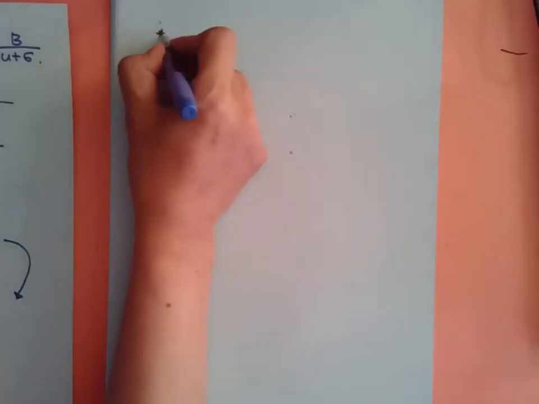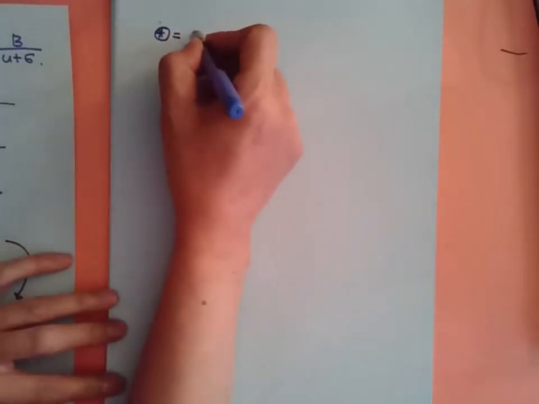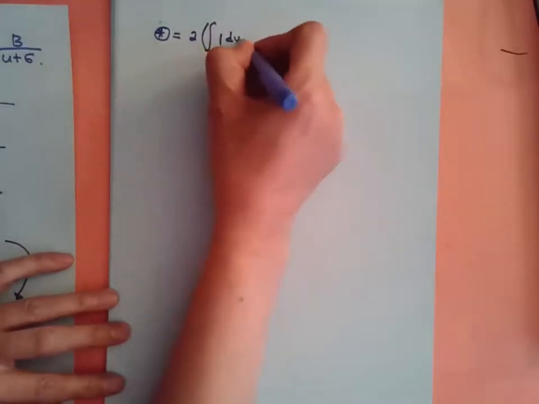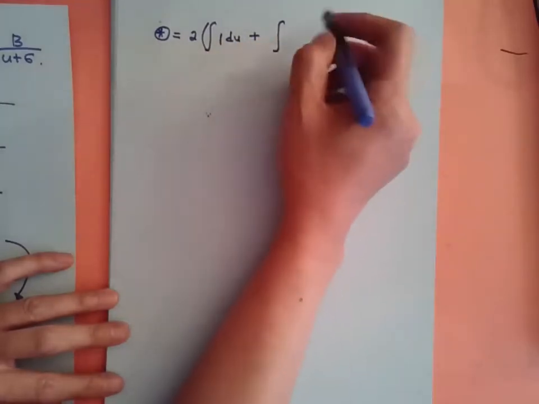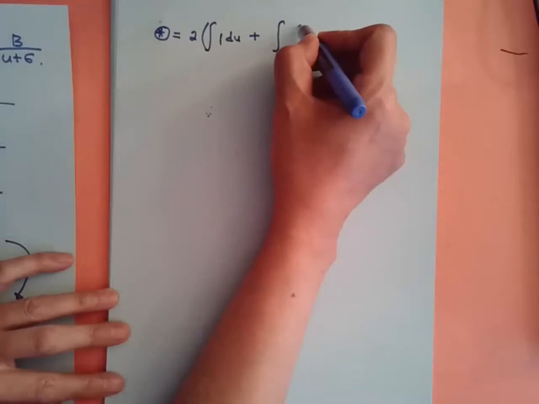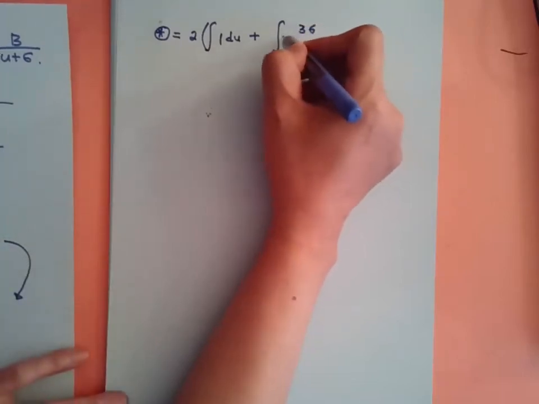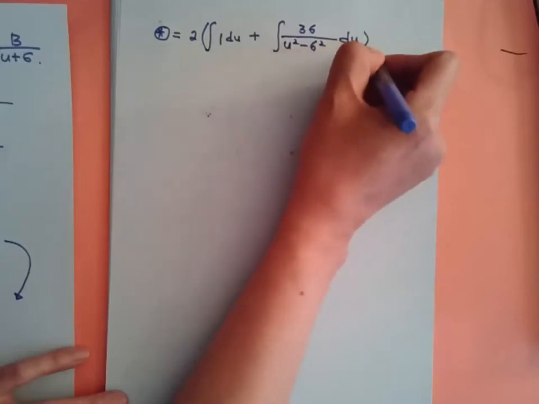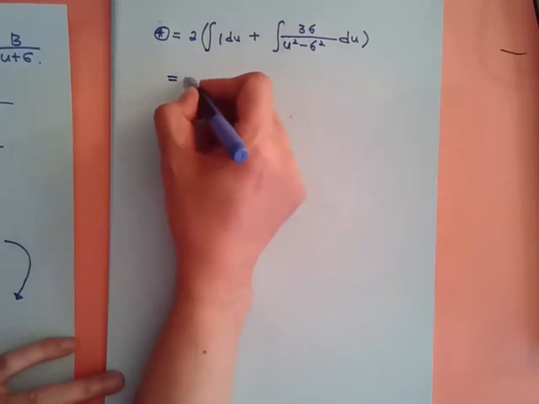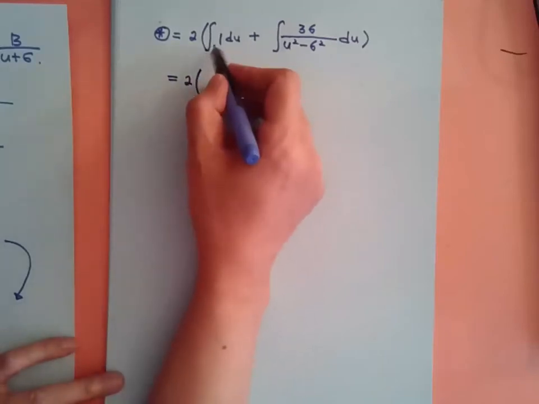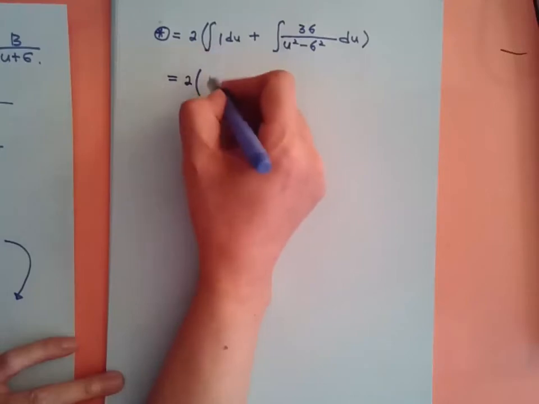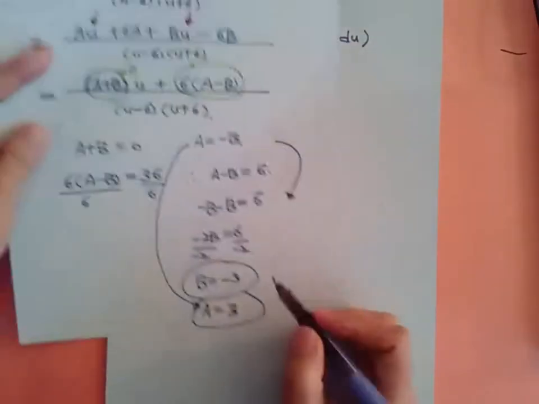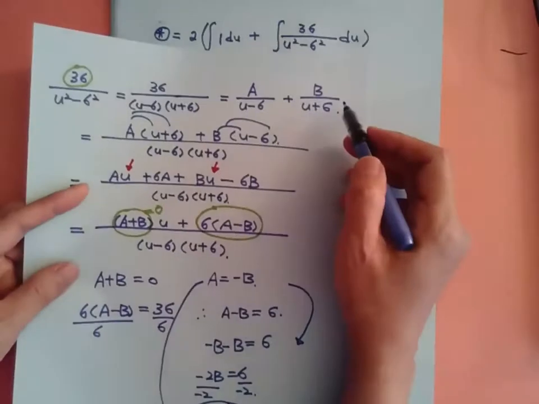Then that'll be 2 times integration 1 du, that is the first term, plus integration 36 over u squared minus 6 squared du. And then what we can say is, when we integrate the first one, it is u, plus we already calculated and obtained a equals 3 and b equals minus 3.